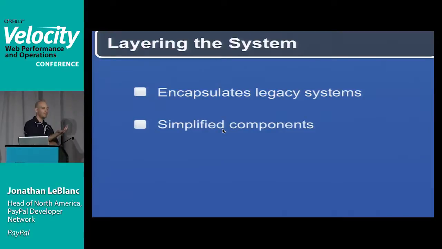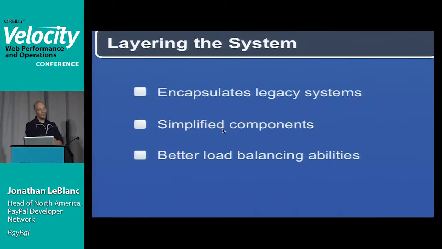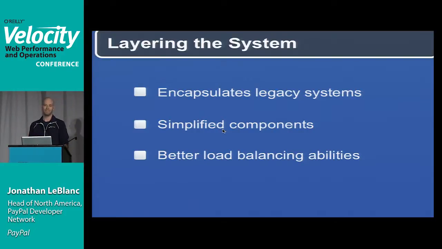Then you can simplify your components, making it much easier to do hop to hop. And as you simplify the components, it becomes a much more reliable system. As you're going through, you can also build in mechanisms for bottlenecks. So let's say we have a payment architecture where we're pushing a lot of people through to a specific endpoint, making a payment.